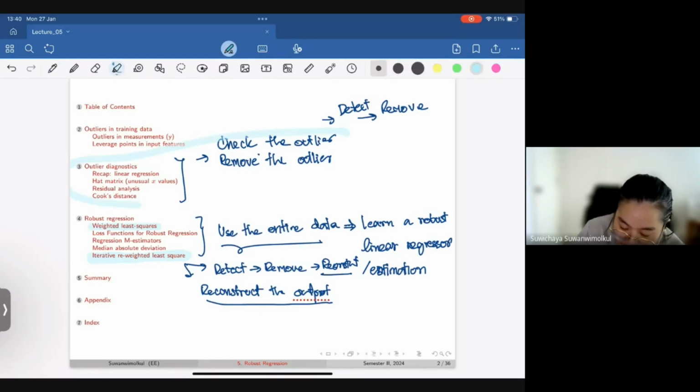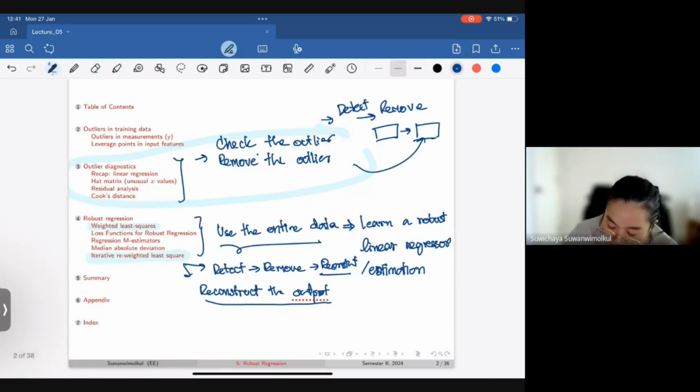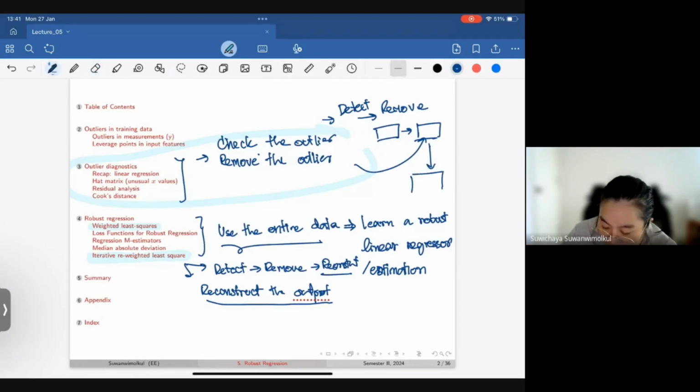The first type of technique, the outlier technique, you can think of as an additional block in your data pipeline. For example, you may have data processing, and then you apply this technique to remove the outliers. After you remove the outliers, you give the data to some machine learning, like linear regression or something.